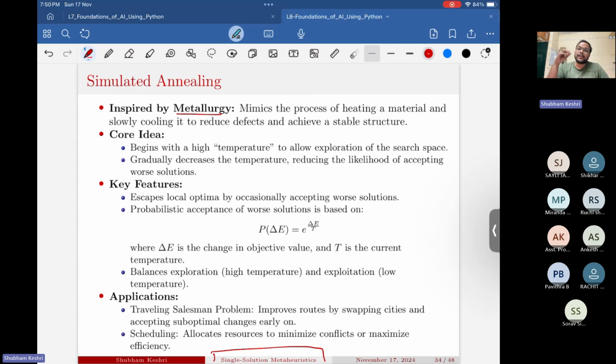Whenever you are beginning this process, simulated annealing, you do diversification. You randomly go here and there, not a lot. I'll show you how diversification is being done. But whenever you are starting, you randomly do some here and there search. But as time progresses, slowly, you have to intensify. Pick one point which you think is good, stick to that point and do intensification.